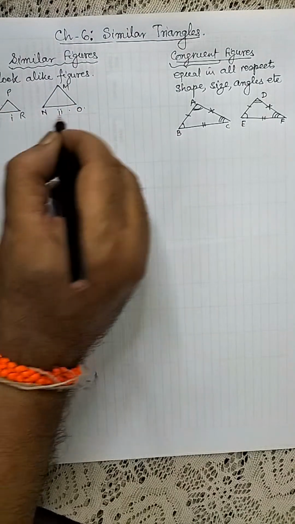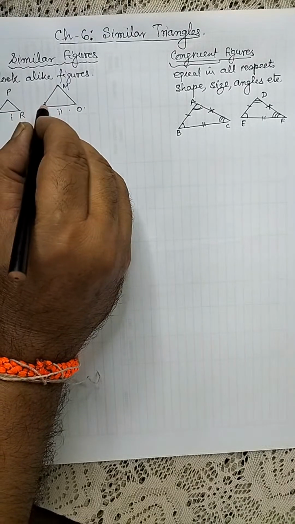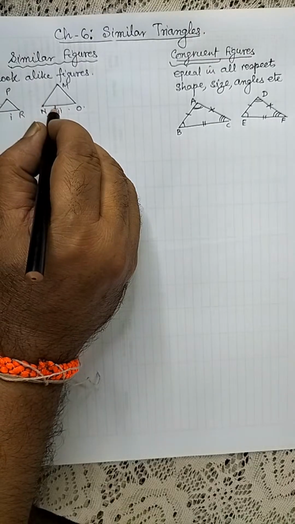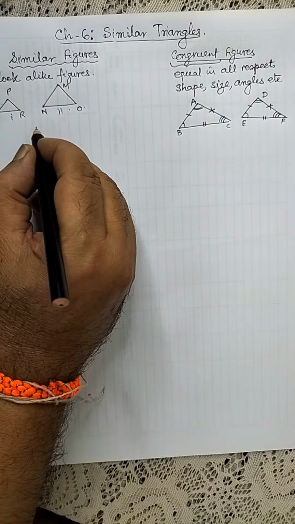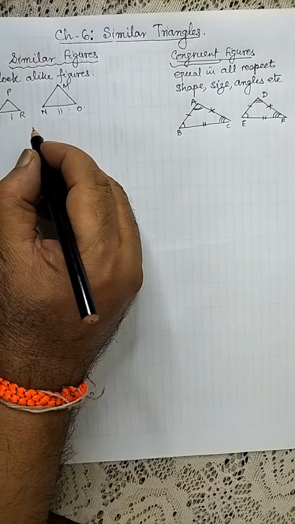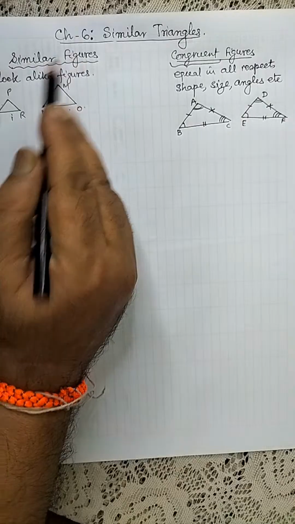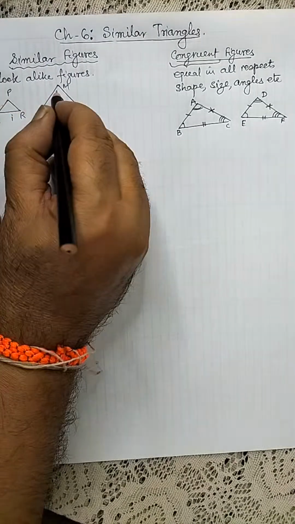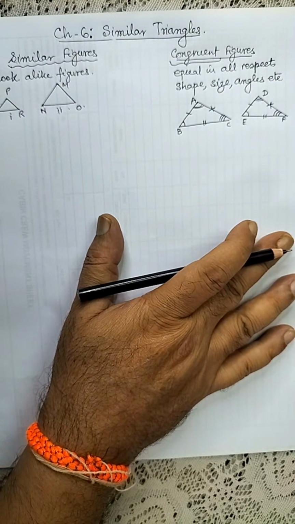Similarly, none of the sides may be equal. Ultimately, their shapes are similar, look alike. So this is the meaning of similarity. When two figures or two triangles are similar, their sides are proportionate. This is the effect of similarity.